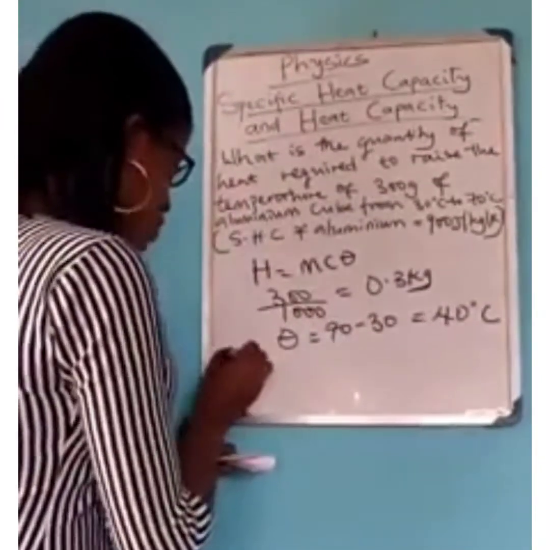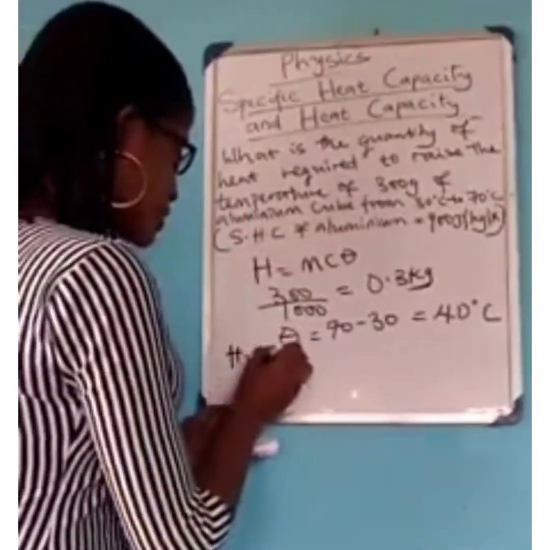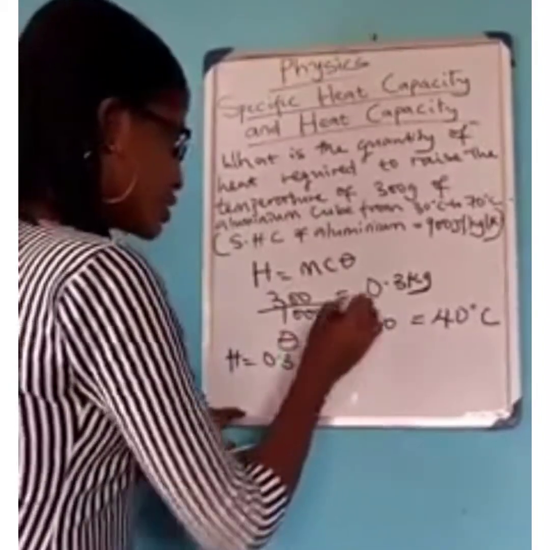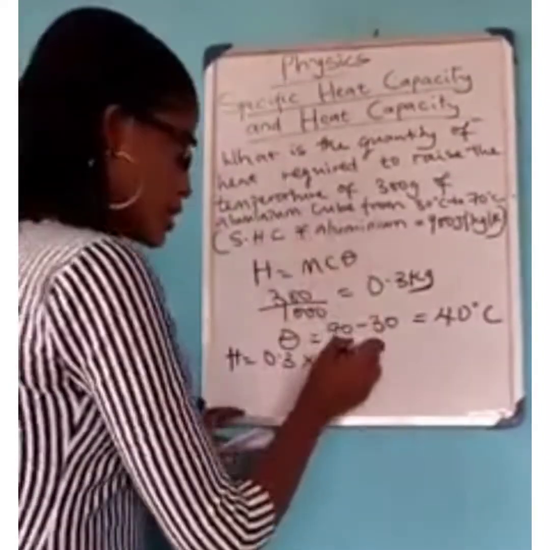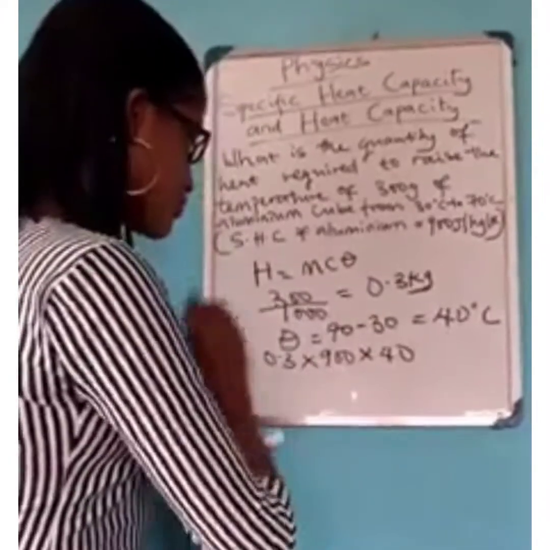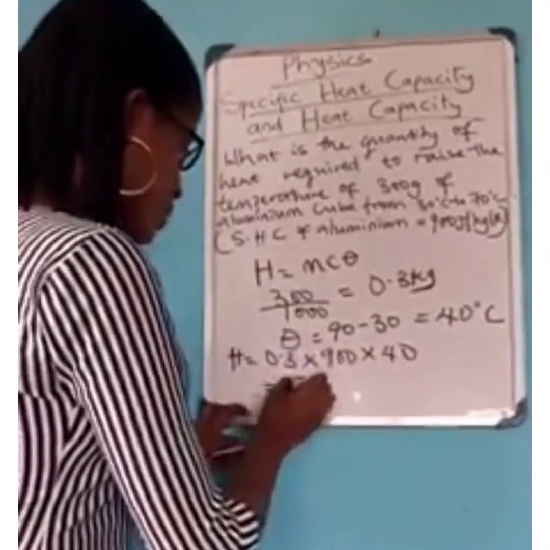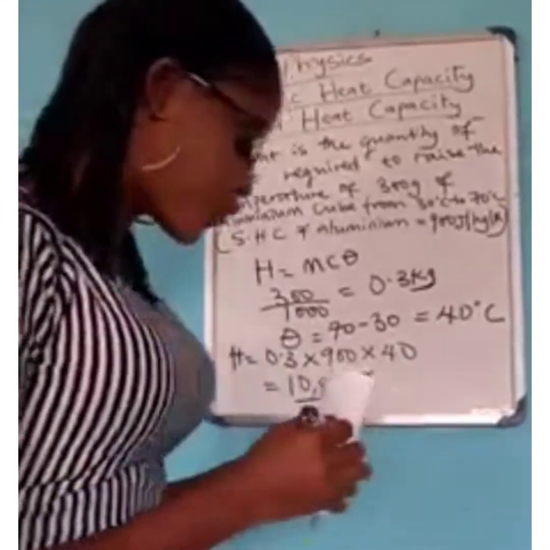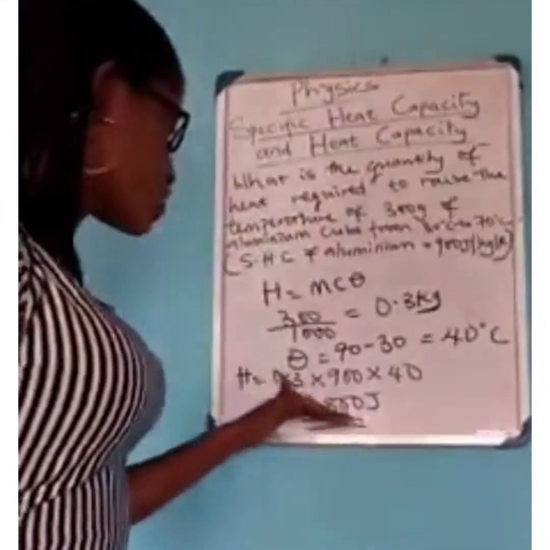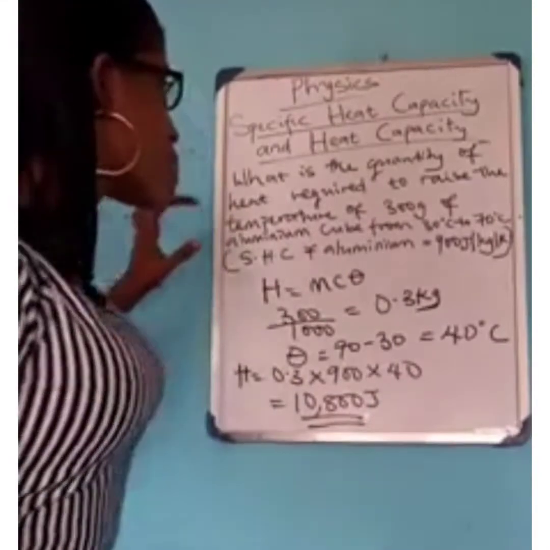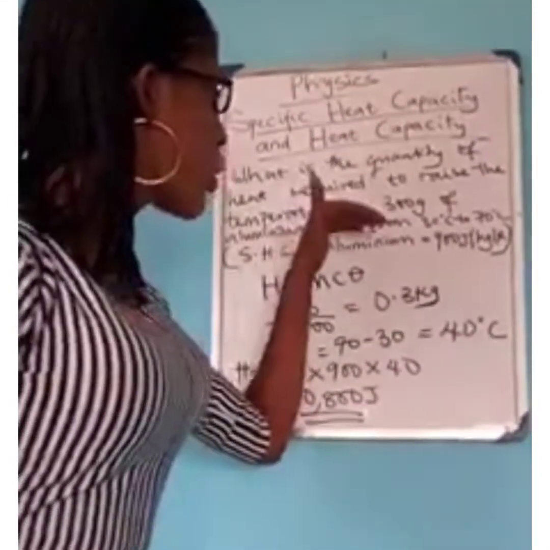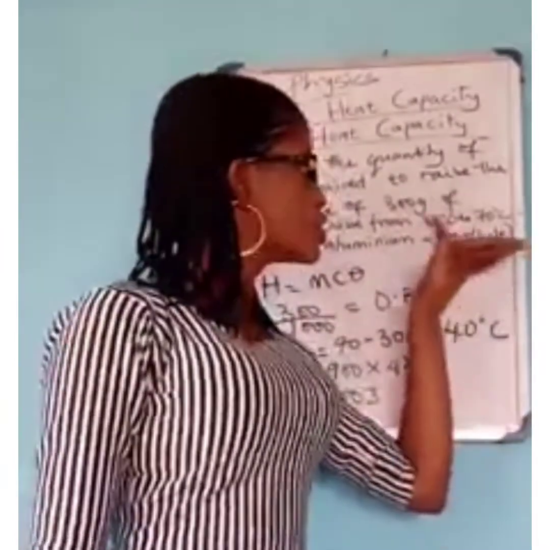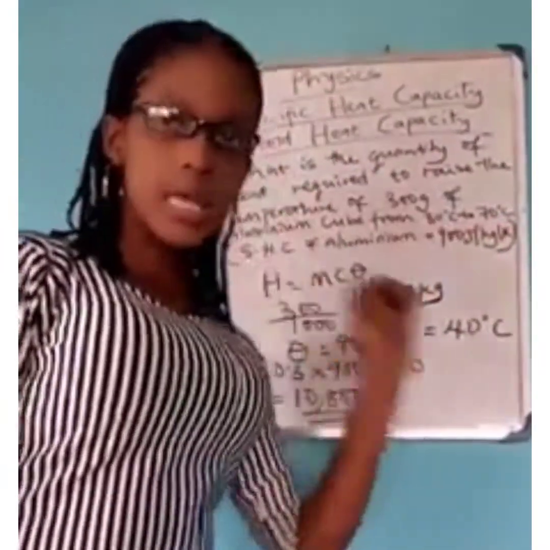Therefore, H is equal to 0.3 times 900, which is our specific capacity, times 40. And this will give us 10,800 joules. Therefore, 10,800 joules of heat is required to raise 0.3 kilogram of aluminium cube from 30 degrees Celsius to 70 degrees Celsius.